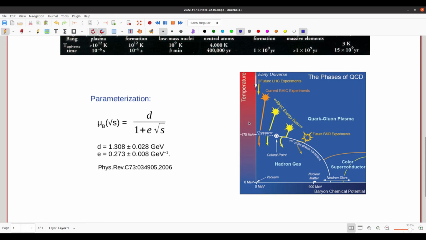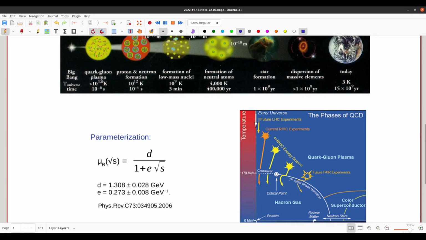The other axis is the temperature. This phase is the quark gluon plasma at a very high temperature. Now our motive is to understand how this quark gluon plasma is converted into protons and the hadron gas.